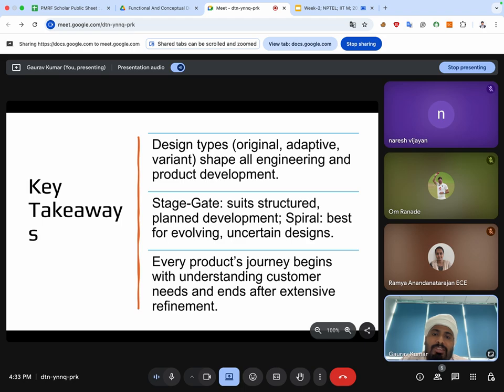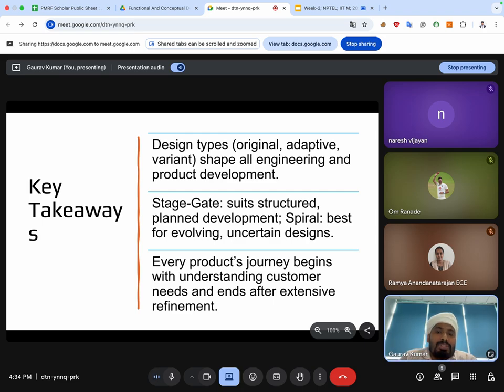Original design is like being a pioneer, where you invent something completely new. Think about when the first electric car was created and there was no reference point. Engineers had to innovate from scratch: battery systems, propulsion methods, everything. So this is high risk, high reward territory. Next one is adaptive design, which is a smart twist on something that already exists.